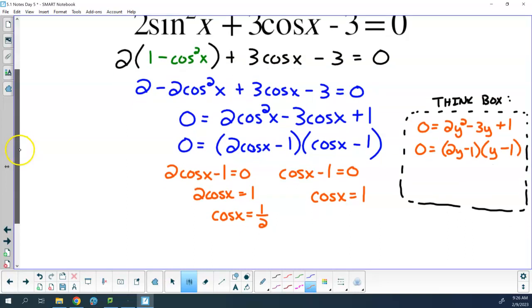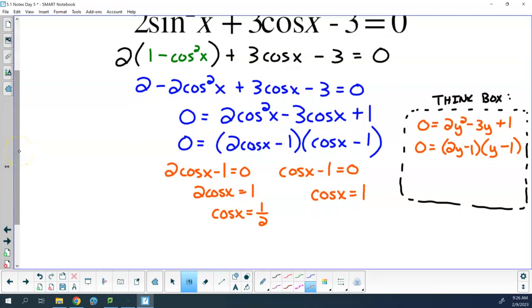First lap, unit circle, where is cosine equal to 1/2? Pi over 3 and 5 pi over 3. First lap, unit circle, where is cosine equal to 1? 0.